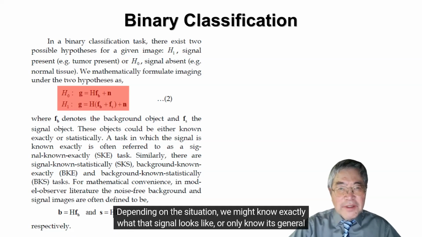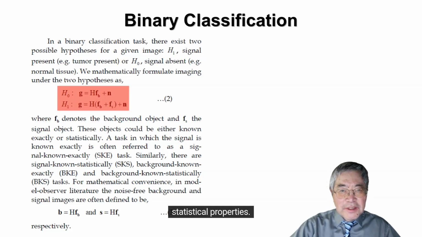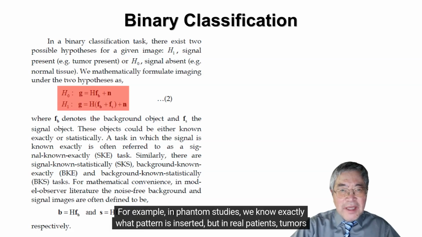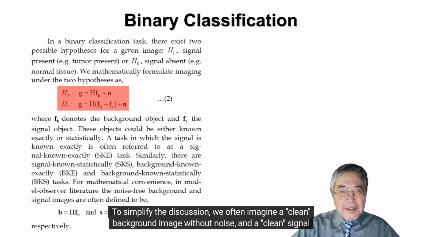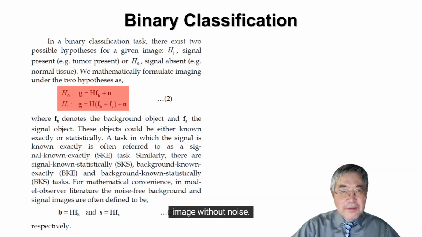Depending on the situation, we might know exactly what that signal looks like or only know its general statistical properties. For example, in phantom studies, we know exactly what pattern is inserted, but in real patients, tumors can vary in shape, size, and contrast. To simplify the discussion, we often imagine a clean background image without noise and a clean signal image without noise.